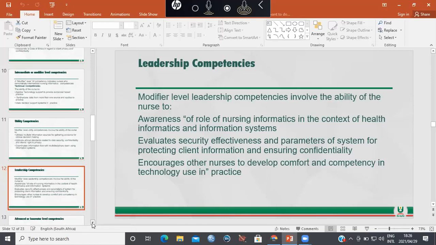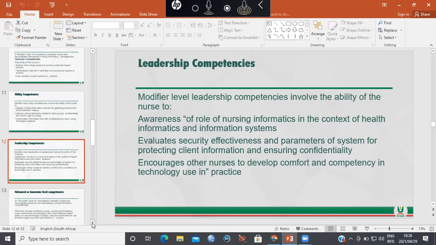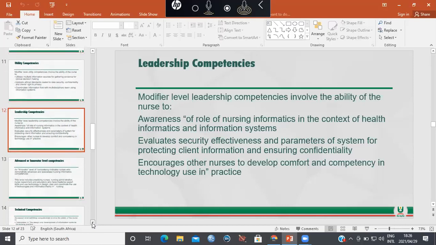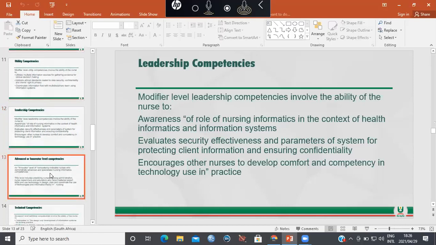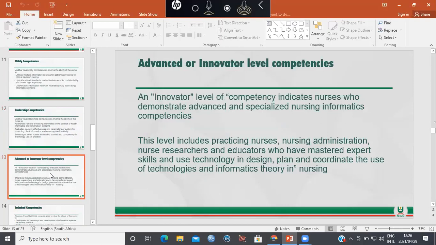So we've finished unpacking the intermediate or modifier level of competency, and we are on the last level of competency, which is the advanced or innovator level competency. What does it mean? It indicates nurses who demonstrate advanced and specialized nursing informatics competency.